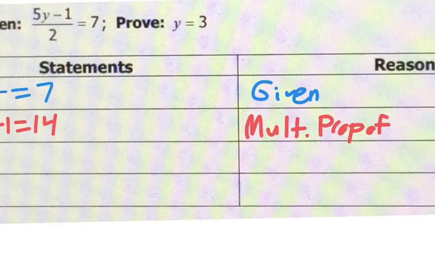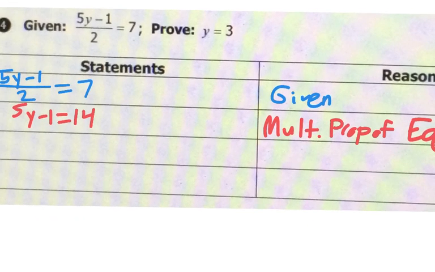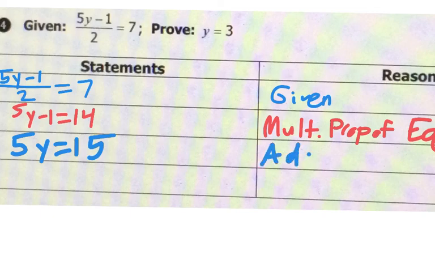Then it's addition. Then we need to add 1 to both sides. So that looks like 5y equals 15. And that was the addition property of equality. Then you would divide 5 into 15 and get 3. That's the division property of equality. Yes.